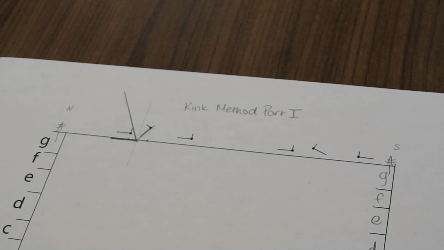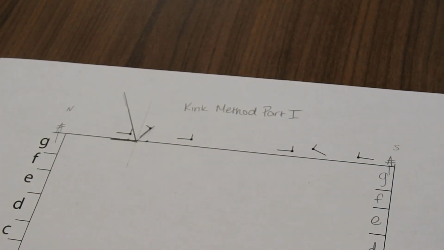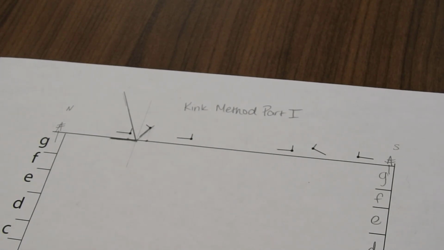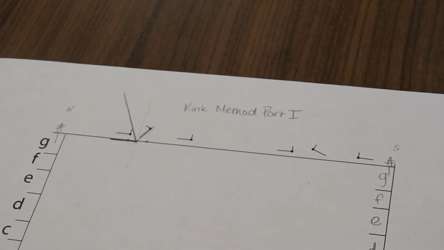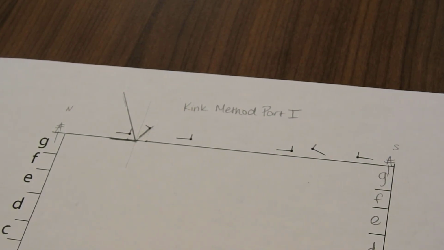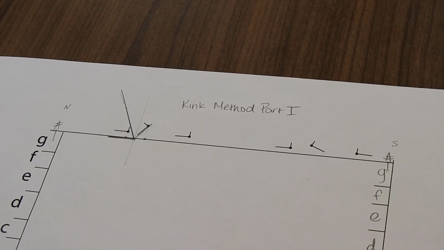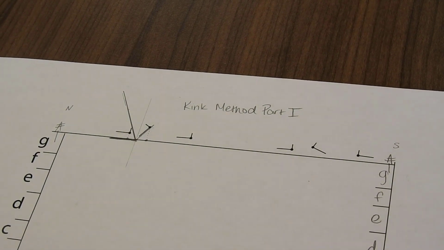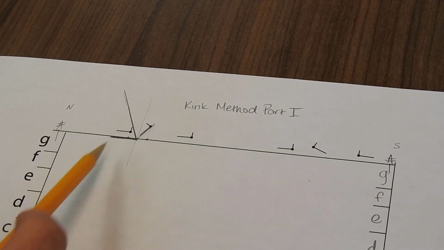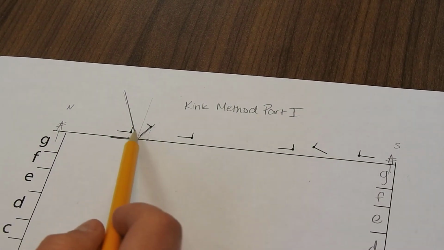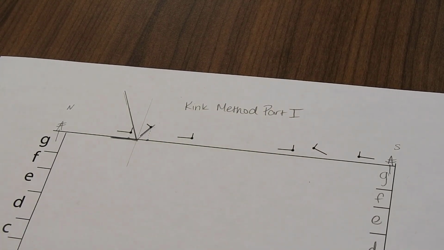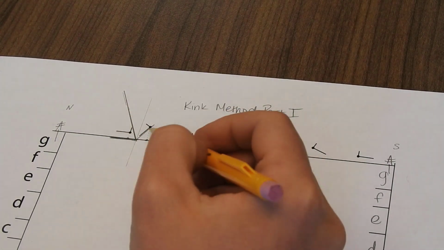Okay, so what that has done is it's created two little zones of dip. In the zone on the left, all the units dip horizontally, and in the zone on the right, we'll have units that dip at this angle.